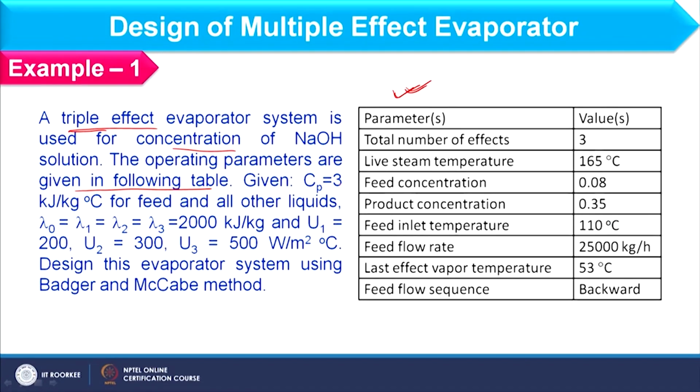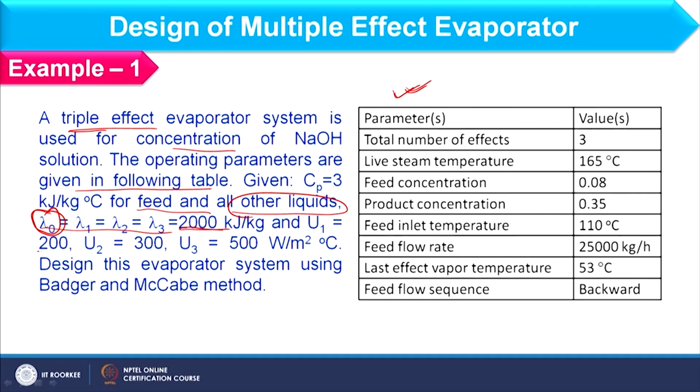In this case, Cp of all feed as well as liquid streams are given as 3 kilojoule per kg degree Celsius. And the latent heat of vaporization in each effect, that is lambda naught, that is first, second and third effect along with the steam, we are considering as 2000 kilojoule per kg.